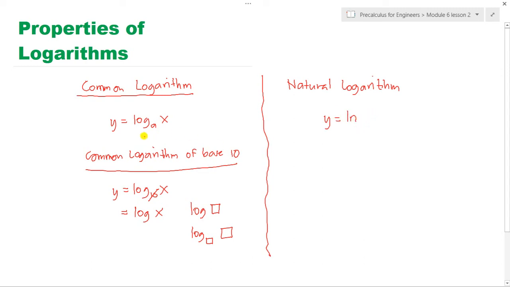Here it's log for logarithm, and for the natural logarithm it's ln. It is a shortcut way of reading it: ln of x, the number x to the base what? For the natural logarithm, there is no base written, like ln of x to the base a.